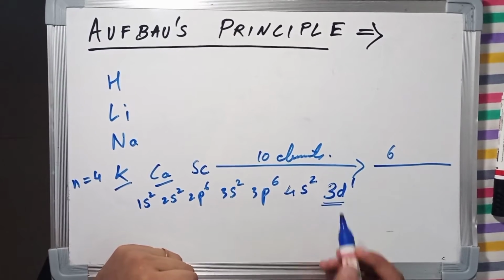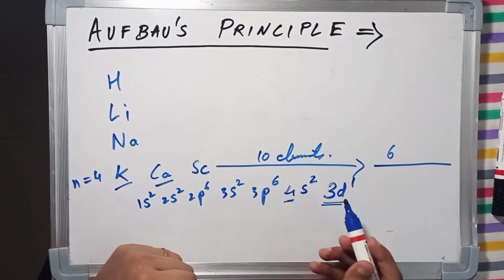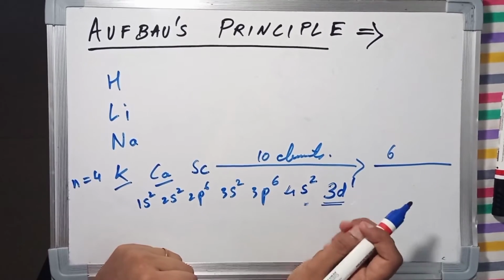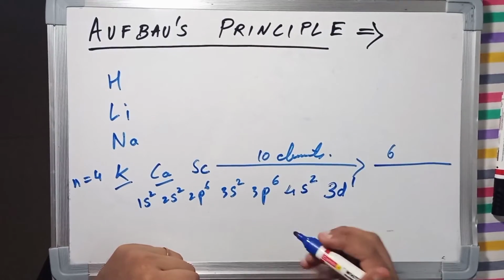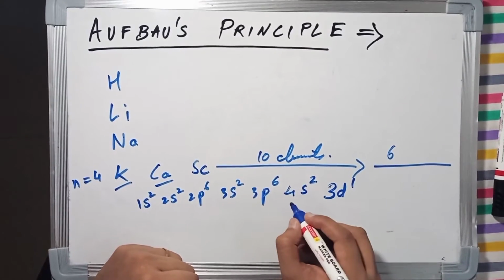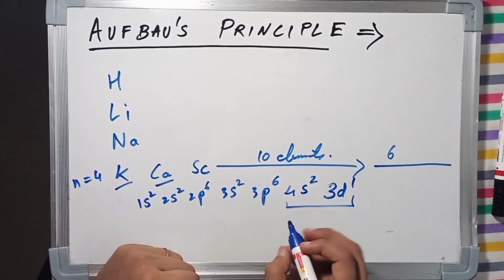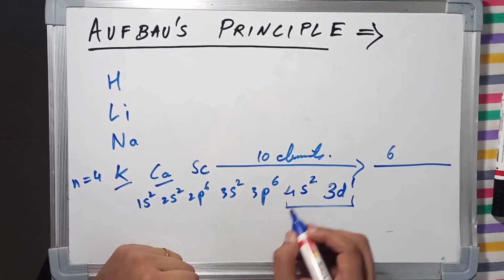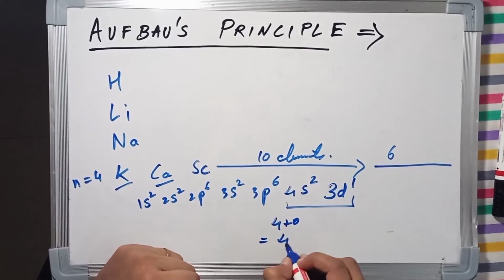Why did the 3d subshell come after 4s? It is because of the n plus l rule in accordance with the Aufbau principle. If you want to compare the energy levels of both of these: for 4s, n is 4 and l for s is 0, which equals 4.